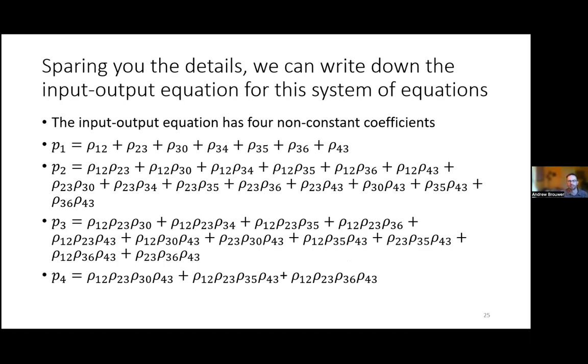And what we find is that the input-output equation for this model has 4 non-constant coefficients, or excuse me, integer or non-real number coefficients. They are singletons, doubles, triples, and quadruples of underlying rates in the model.